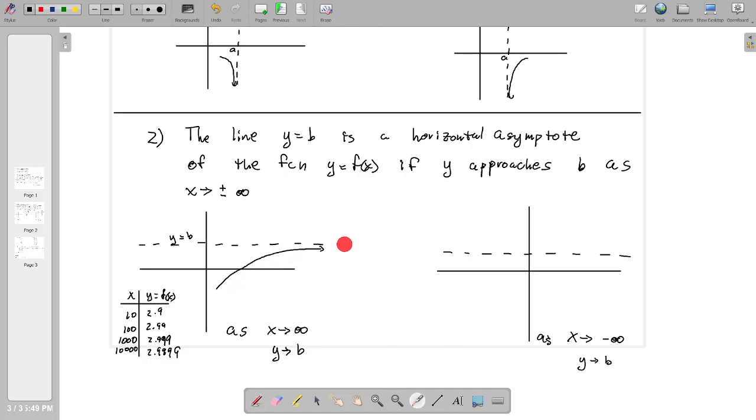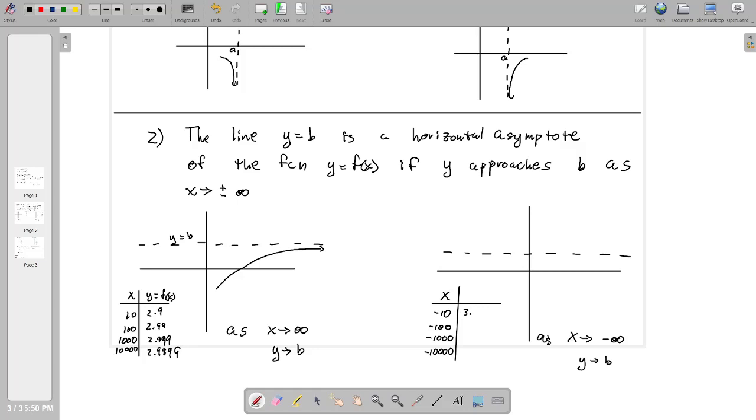Instead of going to the right forever, what if we went to the left forever and we saw what happened there? If our graph approaches b, then we have a horizontal asymptote. And I'll use the example coming down to b instead. So we might have x is equal to -10, -100, -1,000, -10,000, and so on. And our y values might be coming down to b. So let's say that our b is 3 again.